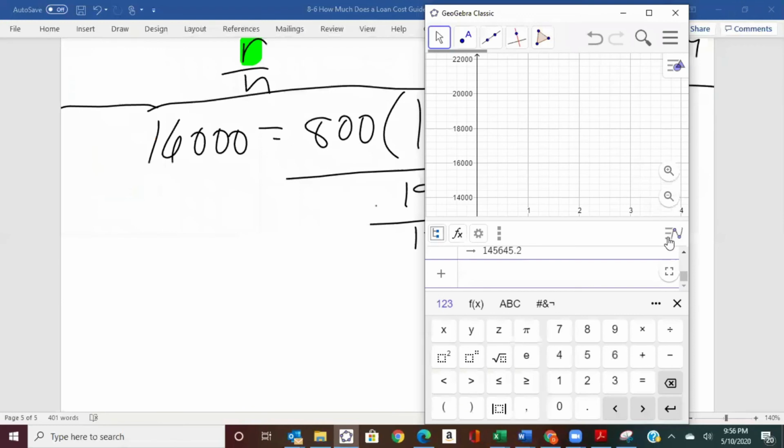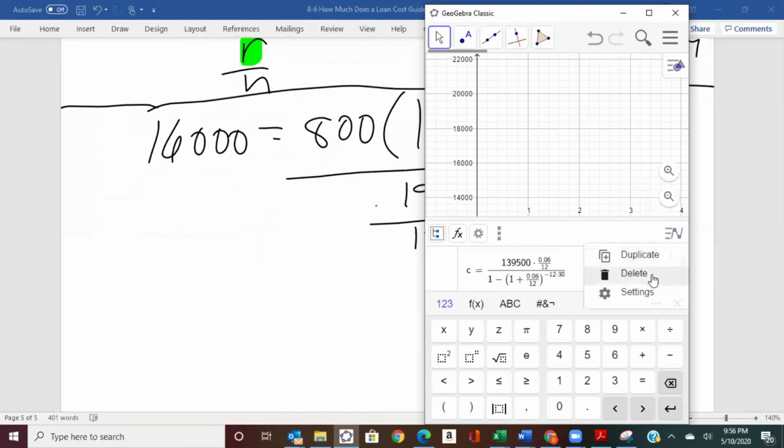So first, we're going to make two equations. We'll call the first one f of x. F parentheses x equals 16,000.